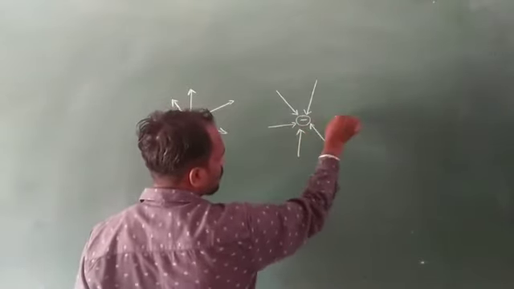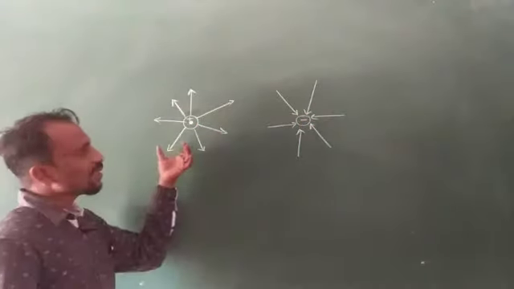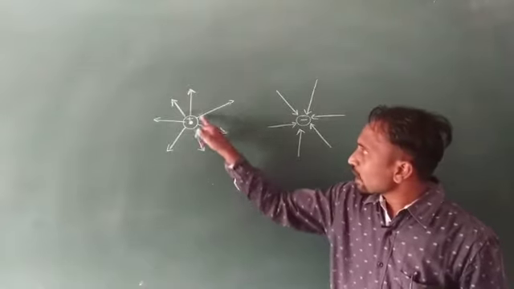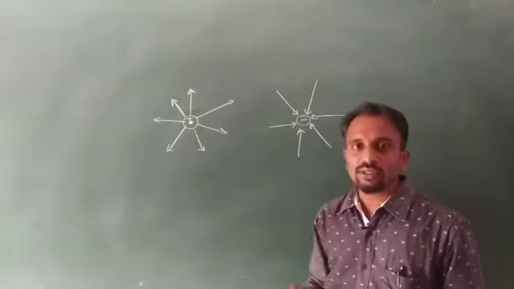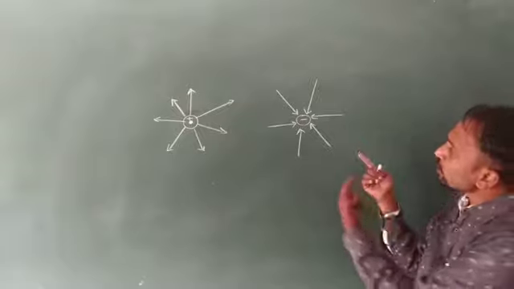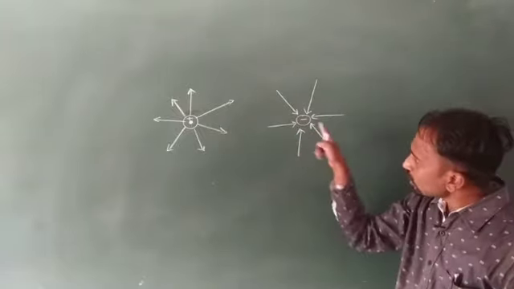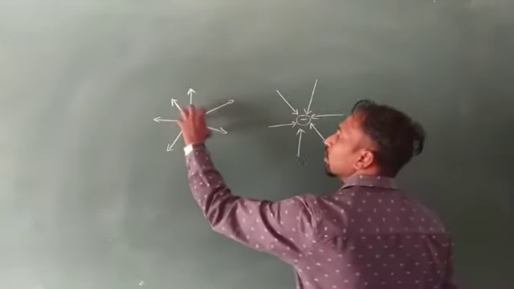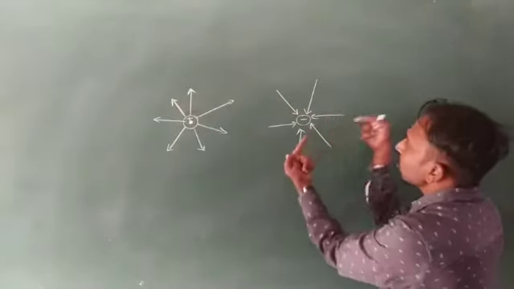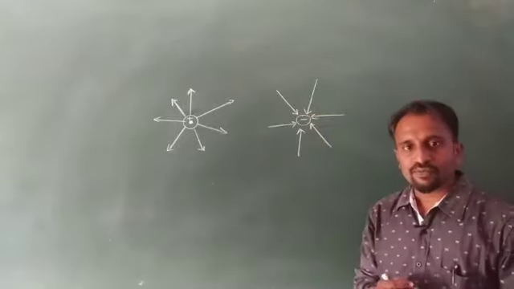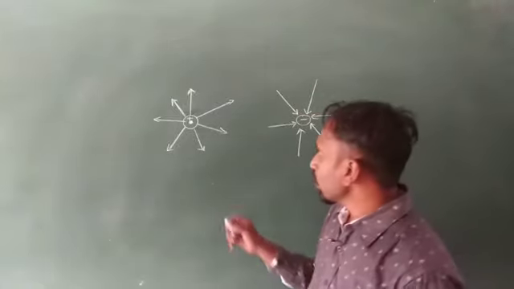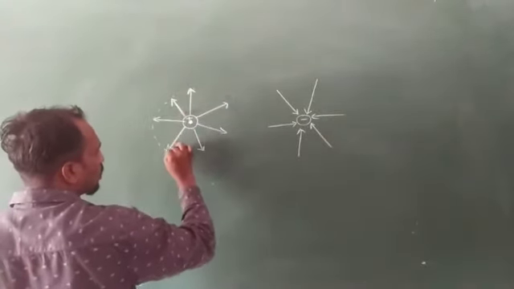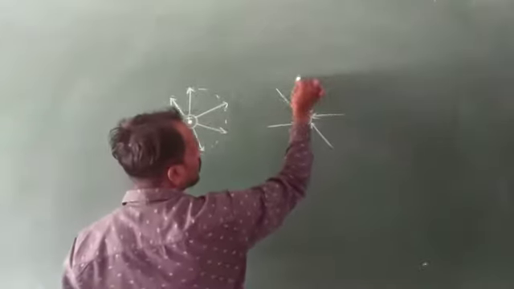If you consider a positive charge particle, the electric field lines are directed outward. For the negative charge particle, the direction of the electric field is towards the negative charge. So here it is outward in direction, and here it is inward in direction.